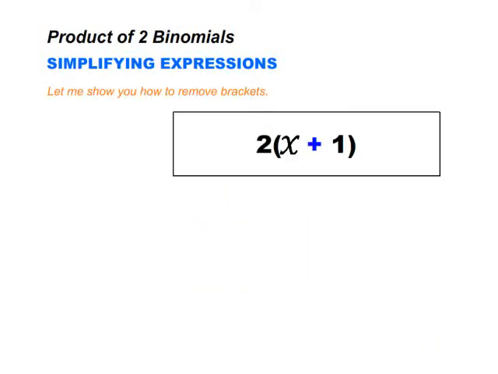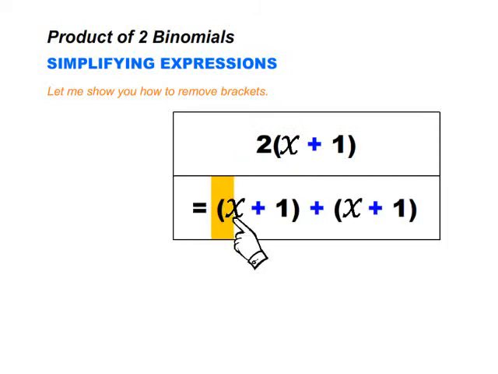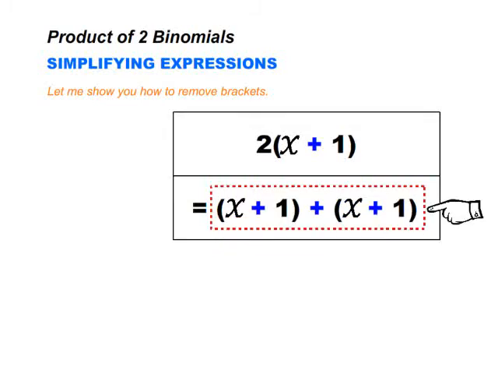Let me show you how to remove brackets. Look at 2 multiplied by (x plus 1). 2 multiplied by (x plus 1) is the same as (x plus 1) added with (x plus 1) in another bracket. Look at the calculation.